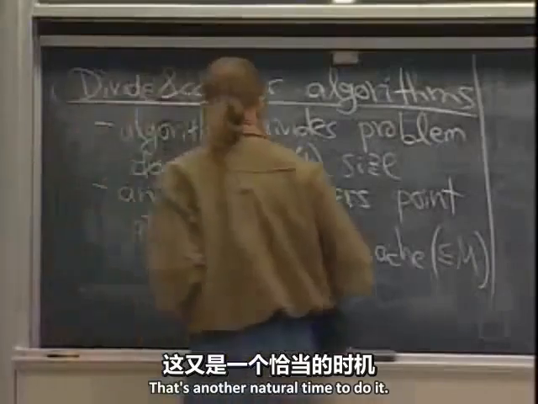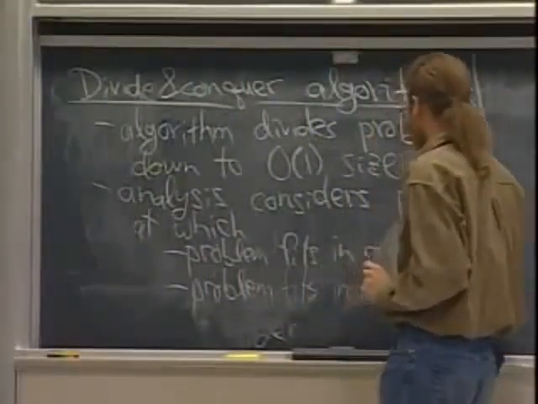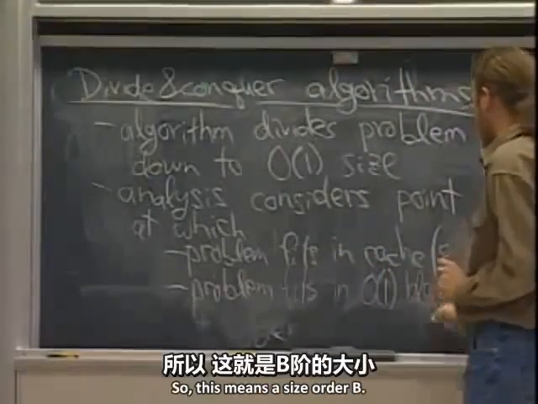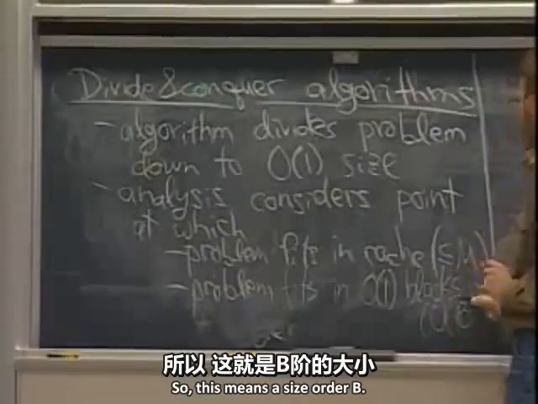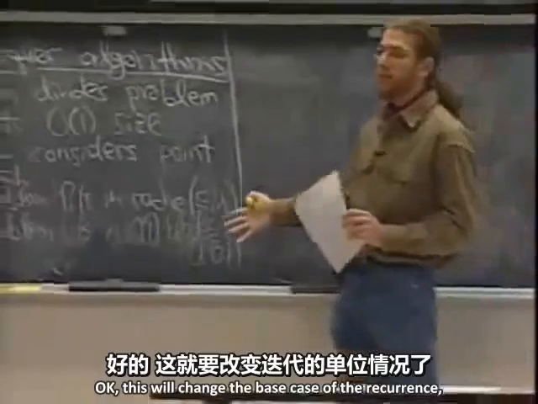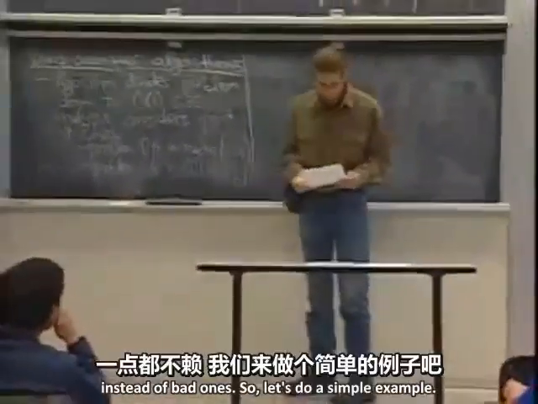That's another natural time to do it. Order 1 blocks would be even better than fitting in cache. So this means it's size order B. This will change the base case of the recurrence, and it will turn out to give us good answers instead of bad ones.